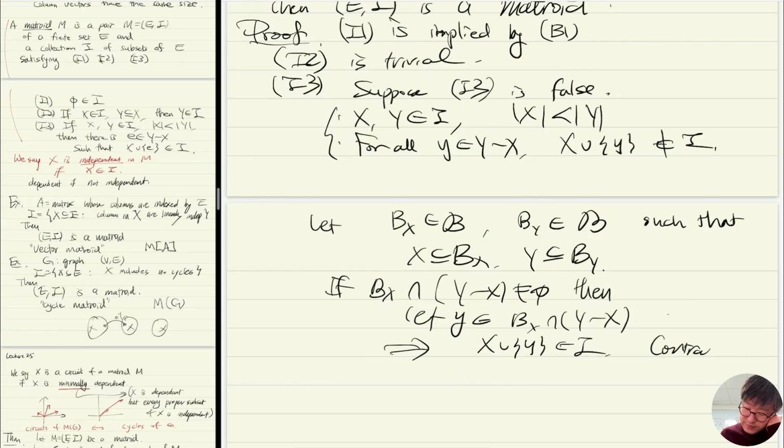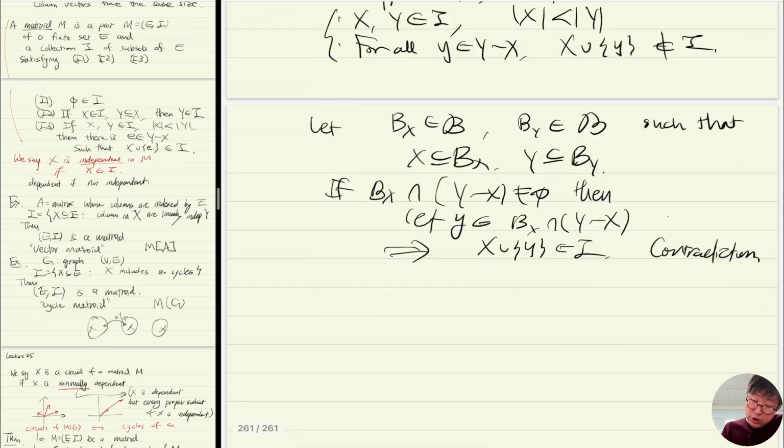Contradiction to our assumption that xy is a counterexample. The pair xy is a counterexample. So bx does not contain any elements in y minus x.